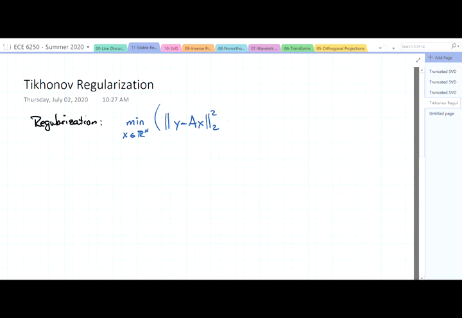But with regularization we say, but also we have some constraints on our x. And in this case we're going to use delta times the norm of x, like this. In other words, this term right here penalizes the size of x.